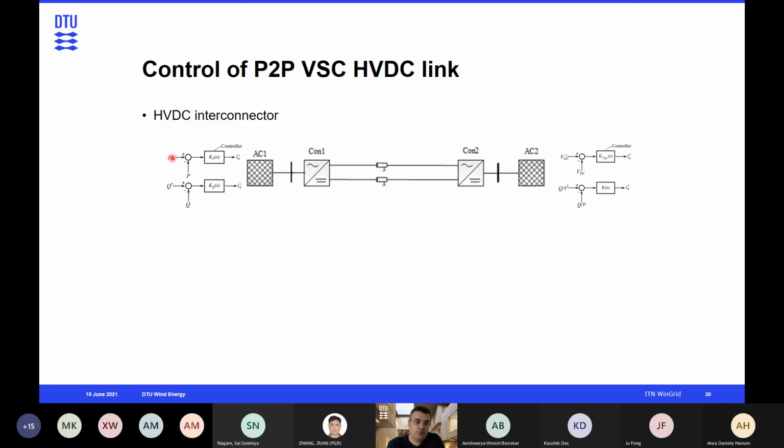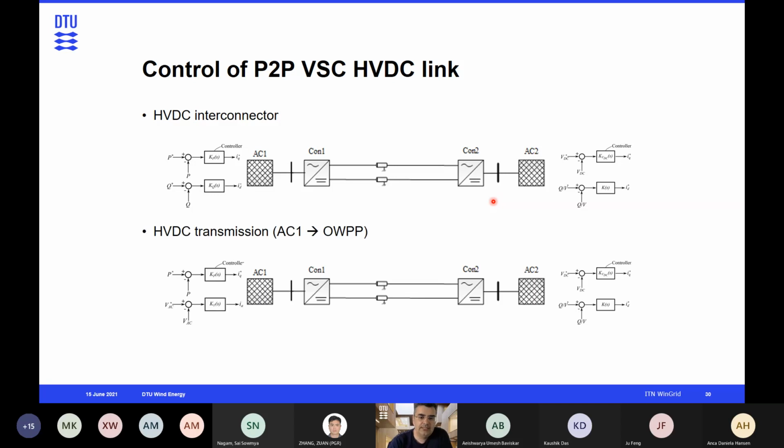So each one of them will be one in P and the other one in VDC mode, and then both of them can control the reactive power exchange with the onshore grid. And this is happening because both of them are connected to AC grids, which are fully energized and controlled by other sources in the grid.